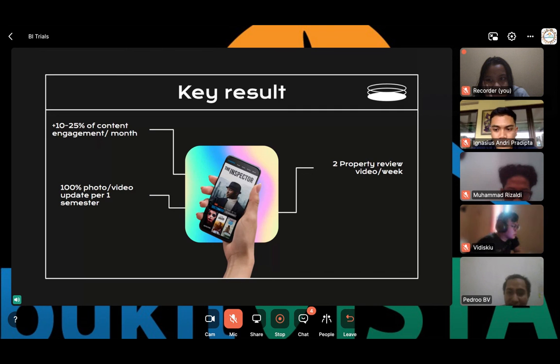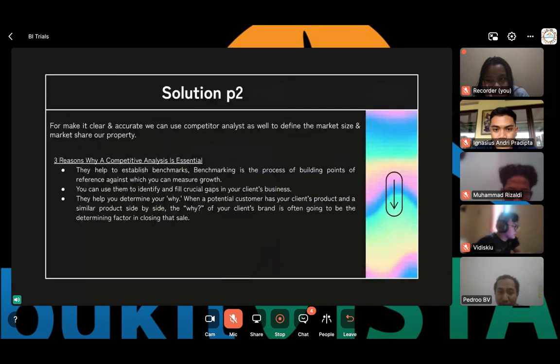Okay, the solution for the second problem: to make it clear and accurate, we can use competitor analysis as well to define the market size and market share of our property. I put three reasons why competitive analysis is essential. The first is that it helps establish a benchmark against our competitors.